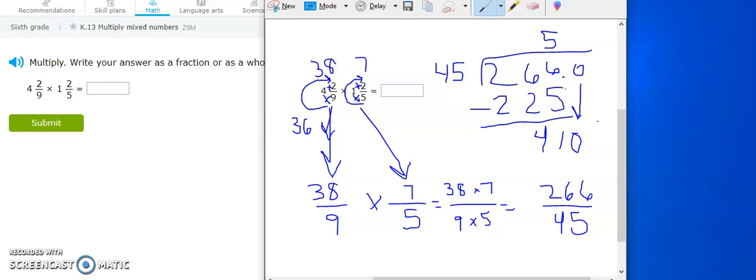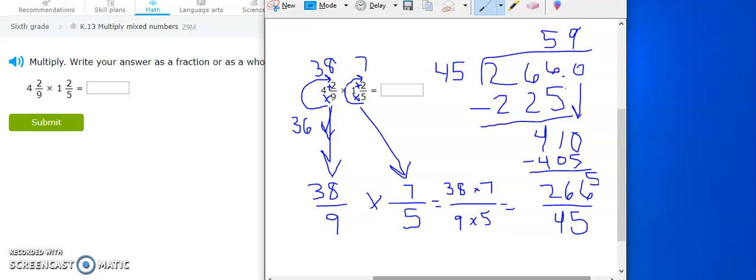I'm thinking, okay, what's the closest I can get to that? Okay, this time it's going to be 9. 9 times 45. Again, I had to write that out to get 405. Subtract that. I'm going to get 5 left over.